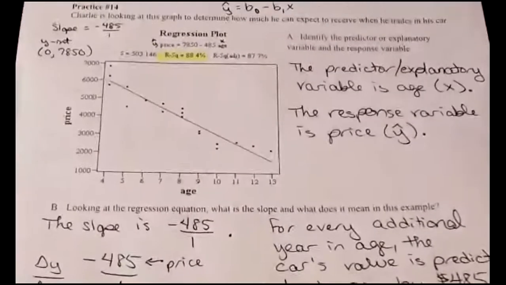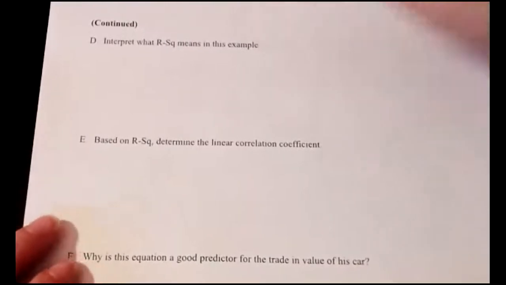Cool. Let's look at part D. You're going to need the graph, so you may want to hold on to this page so you can flip back and forth. Part D asks us to interpret what R-SQ means in this example. So look back at your graph and let's go with Grace.